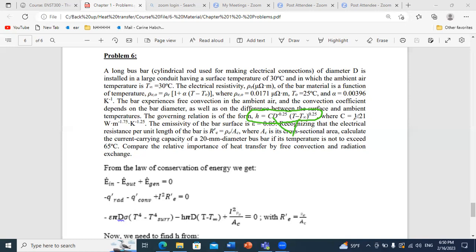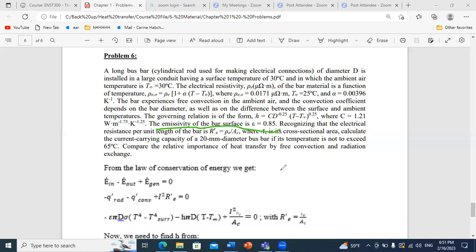Where C is 1.21, and of course C depends on the fluid you use. Here we are just using air, that's why we got this value for C. If you use another fluid, you'll get a different value. Now, the emissivity of the bar surface is 0.85. So here they gave you the emissivity.